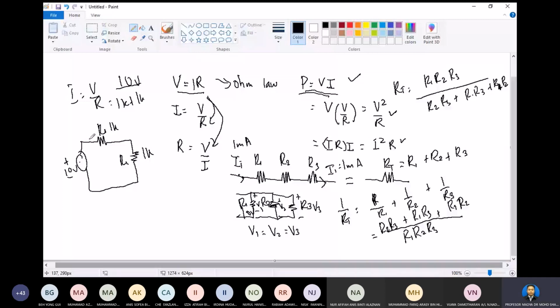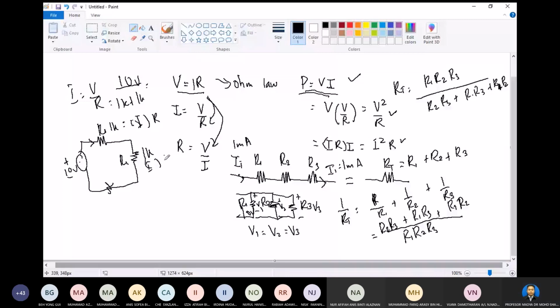So once you have the current, to calculate the voltage V1, you use this formula: take the current and multiply by R1, 1K. Similar to this one, I multiplied by R to get the voltage here.